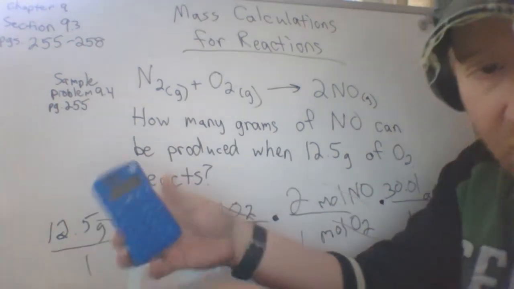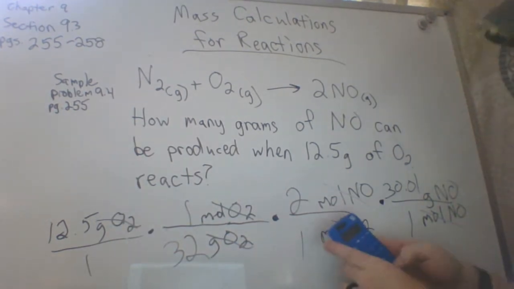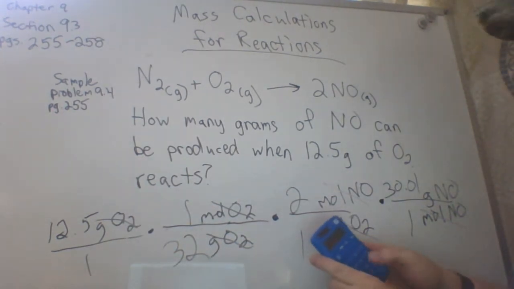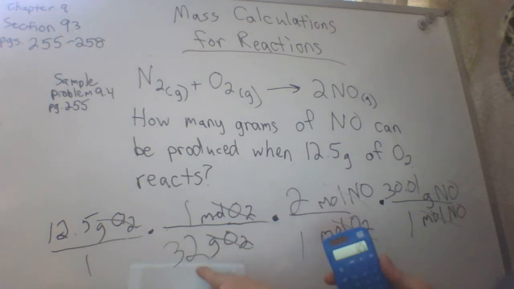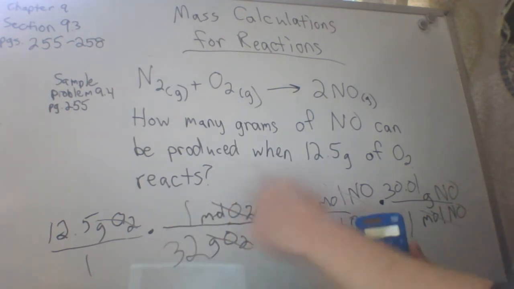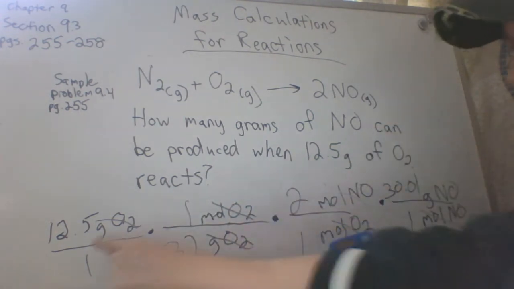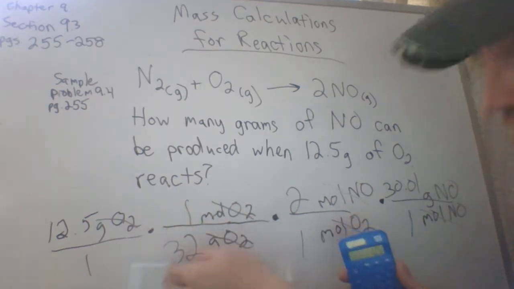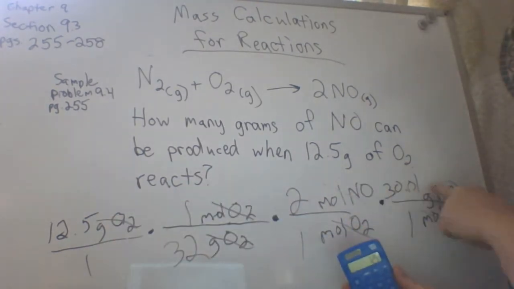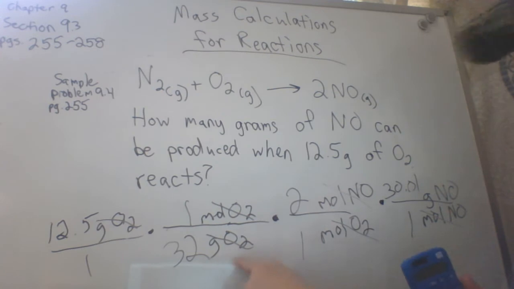Here we go. 12.5 is what I have, and I'm going to ignore the ones because anything multiplied or divided by 1 is itself. So I'm using the Mr. Lambert shortcut here. If you want to multiply across the top, you can, and then you could divide by 32.